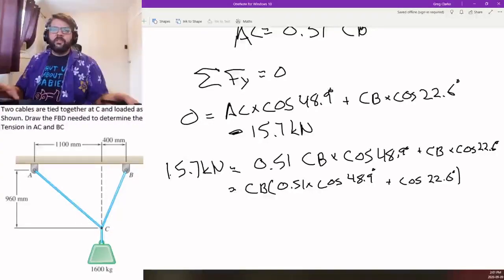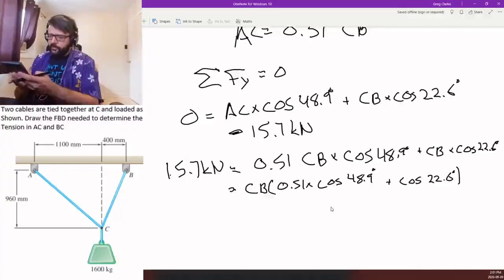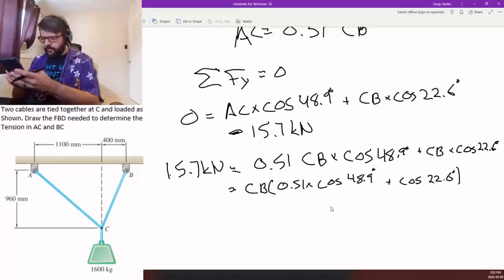And then we can just go ahead and figure out what that value there is. So 0.51 cos 48.9 plus cos 22.6.